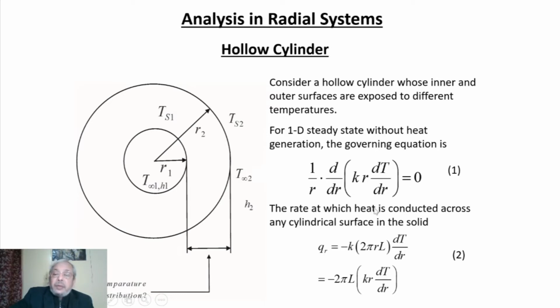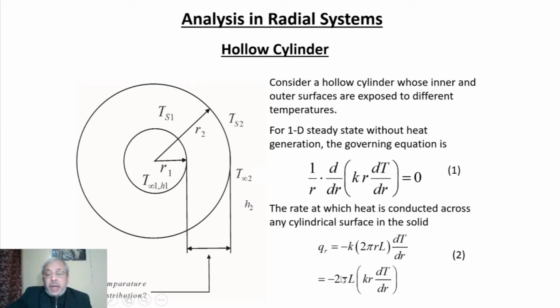The rate at which heat is conducted across any cylindrical surface: if we consider a cylindrical surface at any radius, its area is given by 2 pi r L, where L is the length of the cylinder. So Qr is minus k times 2 pi r L, that is area, into dT/dr. It is plain and simple Fourier's law.